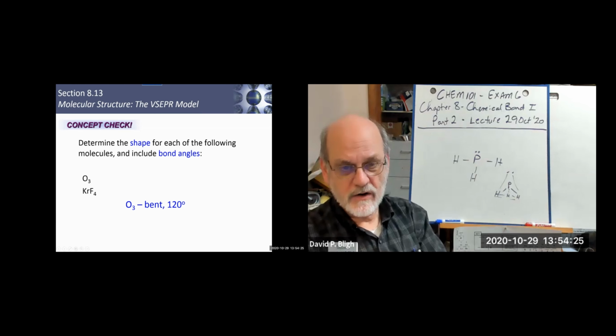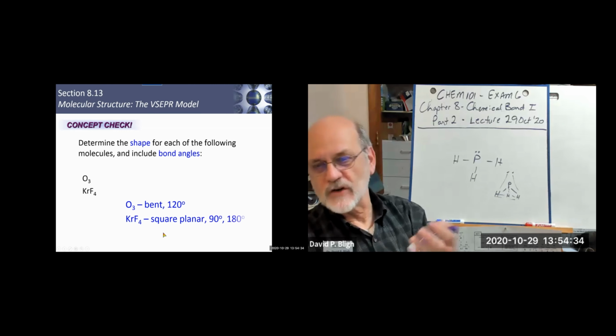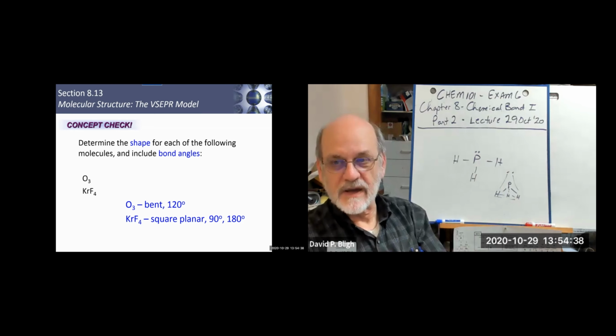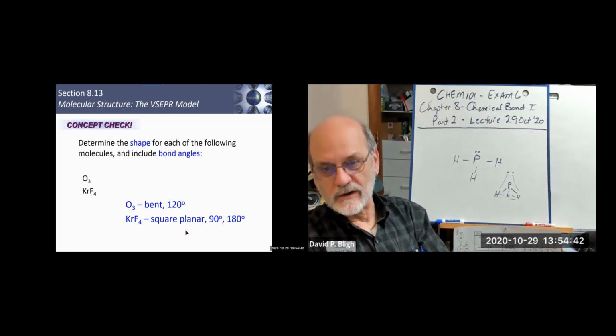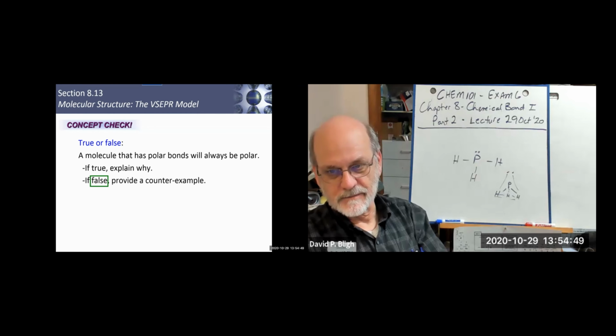It has some lone pairs, right? So we've got a bent molecule. Krypton tetrafluoride. We just said noble gases don't like to play with each other, but when we force them, we can make a molecule out of krypton and fluorine. It's square planar. All right, we're going to look at how we arrived at those things in just a minute.